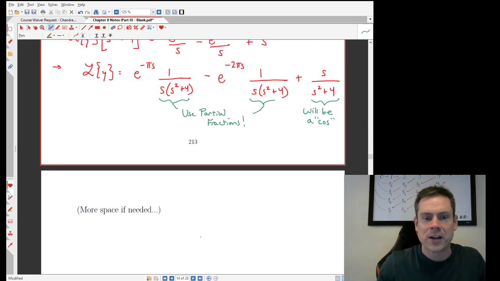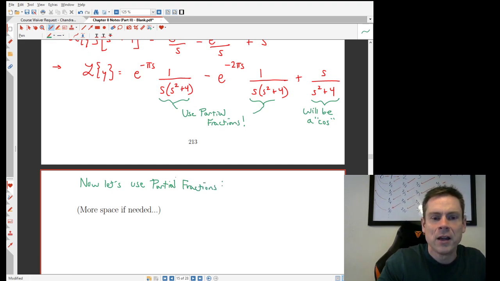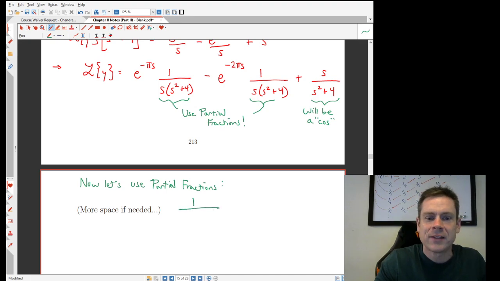Let's use partial fractions. And it looks like it's not going to be too hard here. We want 1 over s, and thank goodness the same partial fractions question comes up twice here, so we don't have to do it twice, but in general, you might have to do more, depending on the problem.